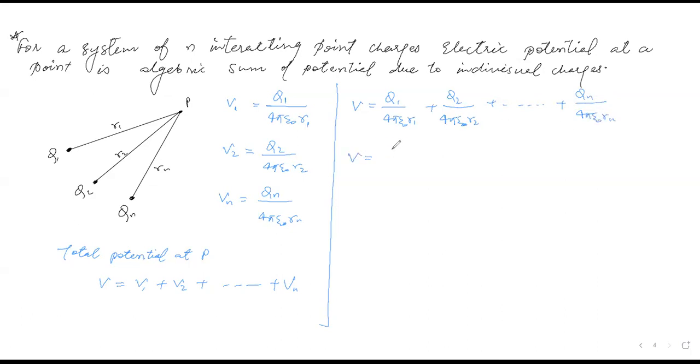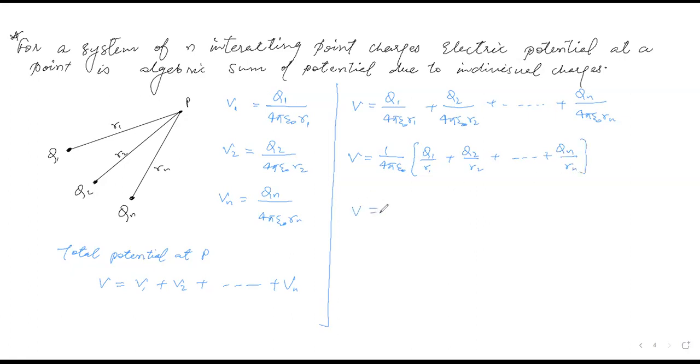This is your V equal to 1 over 4 pi epsilon naught, which can be taken outside of this equation, and we get Q1 over R1, Q2 over R2, up to Qn over Rn.